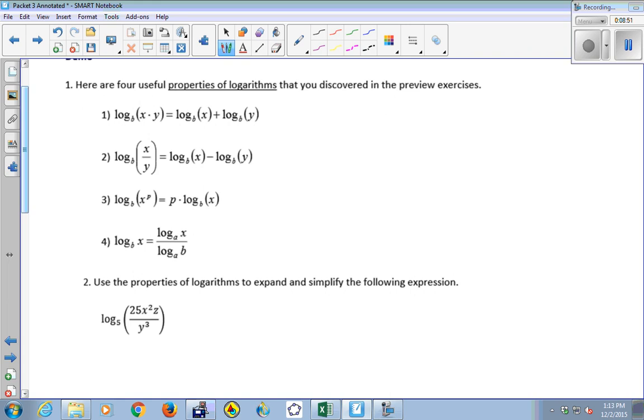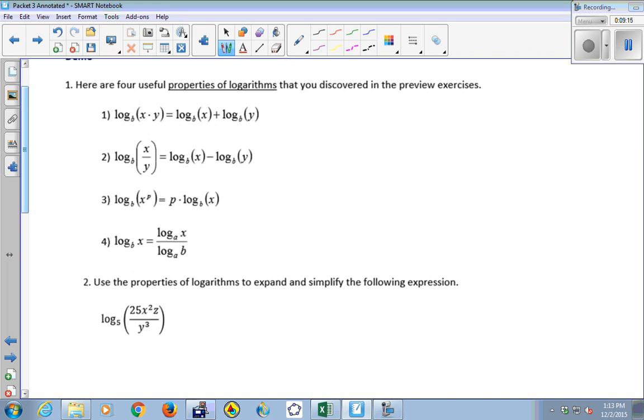So the log of x times y is the log of x plus the log of y. Looks like you're distributing the log to the x and the y, but that multiplication sign in between the x and the y turns into a plus. And then we have an analogous property for division, right? The log of x over y becomes log x minus log y.